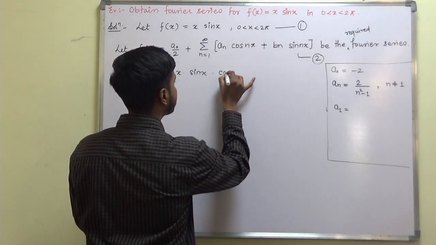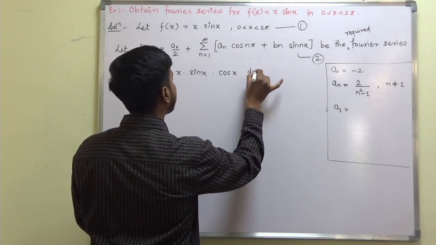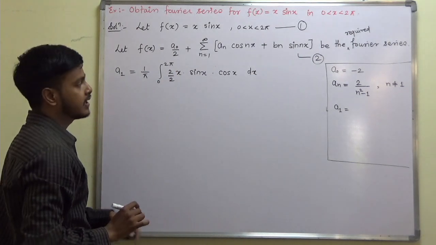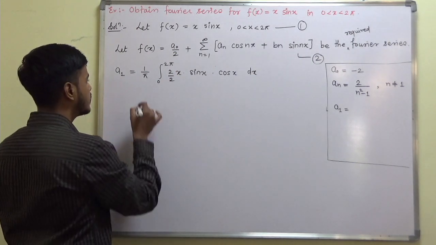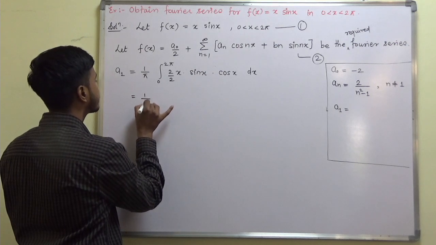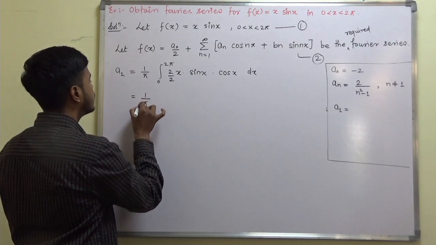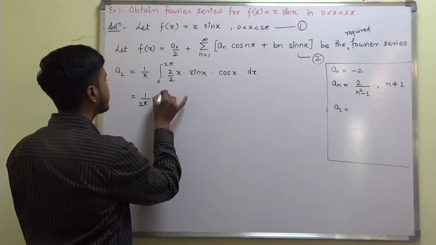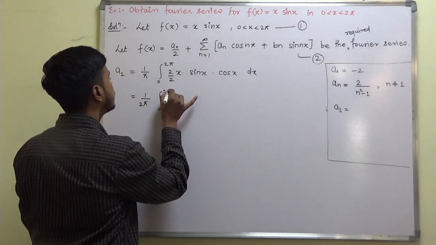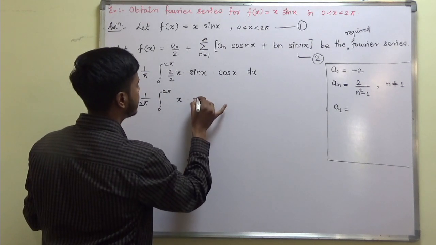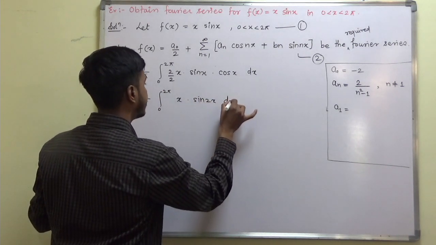So this is cos x dx. So again multiply and divide by 2. Now these are same, so we can take any of them. So this is 1 by 2 pi, okay, integration 0 to 2 pi x as it is, 2 sin x cos x is sin 2x dx.